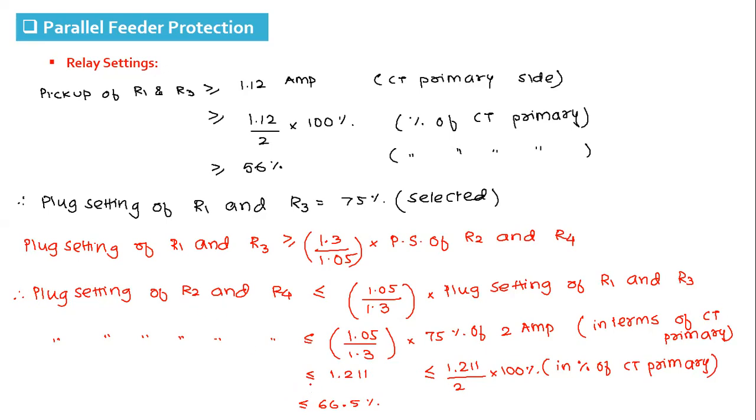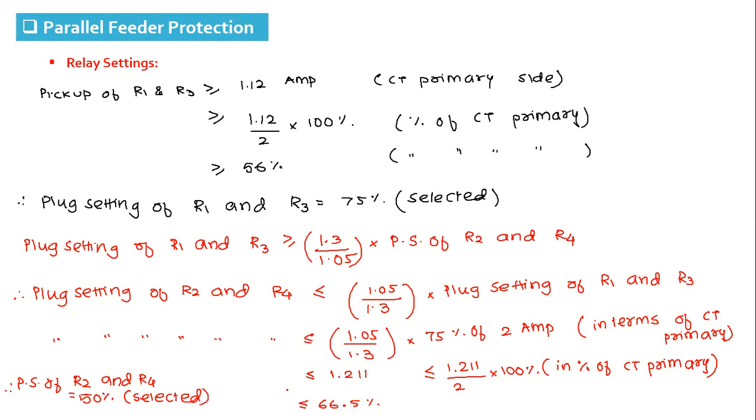So what is the range available again? 50 to 200%, and less than 66, the range available is 50%. So we can say that the plug setting of R2 and R4 we can select as 50%.